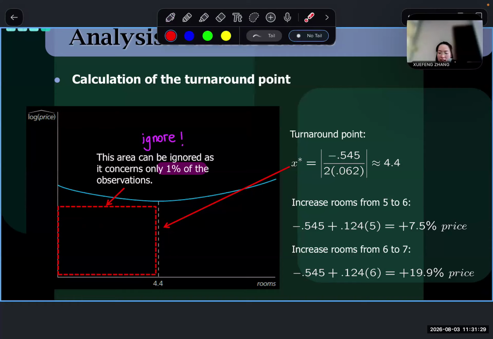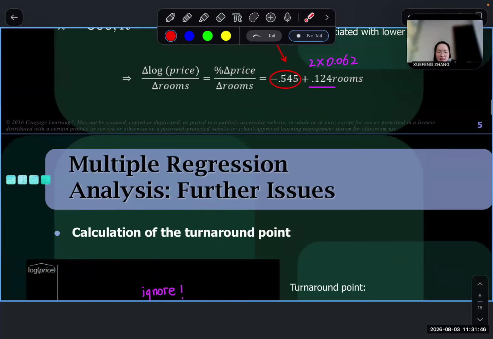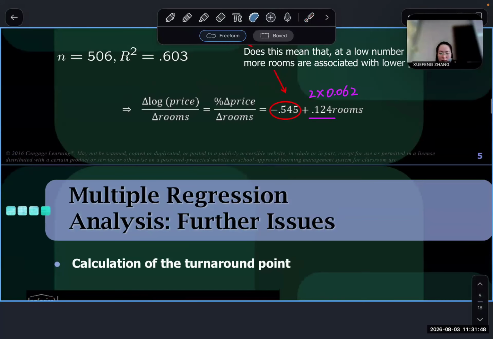Let's see, from 5 to 6 rooms, you plug in 5 here, right? So basically, we can get a positive 0.5%. Where does this come from? It's here, our marginal effect, right?